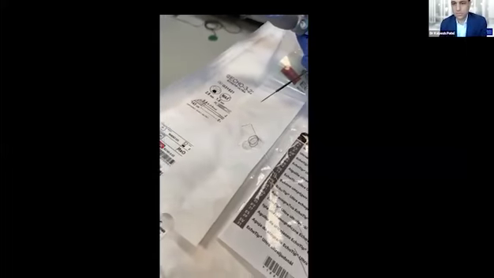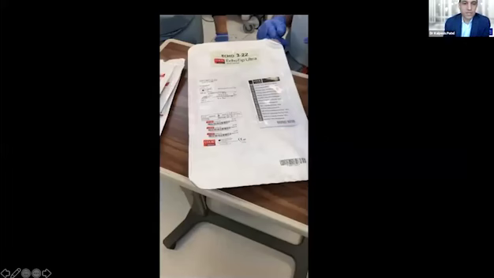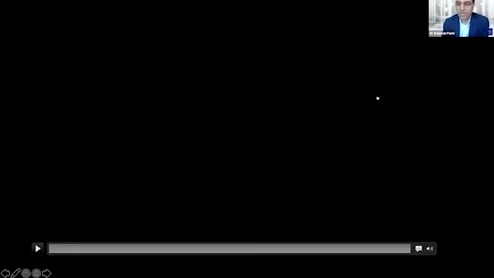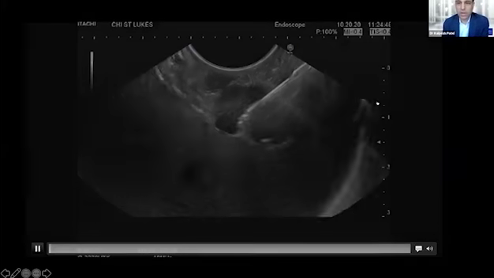And as we advance the entire stylet, we'll begin to see the coil emerge right there. And as we push it out, you can see it beginning to take its shape. And as we push it all the way out, we get it within the varix. So that's just the basic way to prepare the needle.